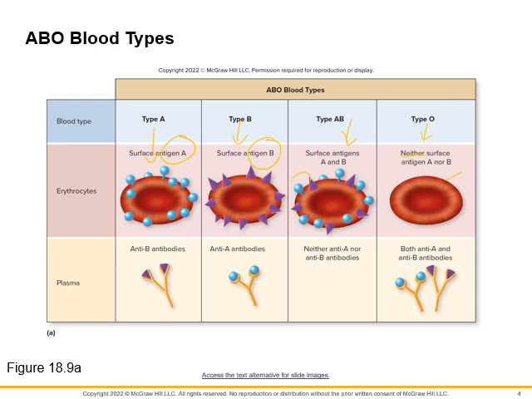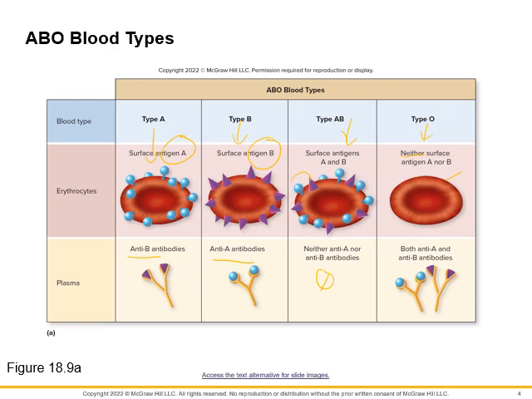What's floating in your plasma? Well, type A makes antibodies against B, right? Type B makes antibodies against A. AB makes neither, because A is okay, A is yours, and B is yours. Those look normal to your immune system. They're like, check, those are ours, we're good. So you don't make any antibodies.